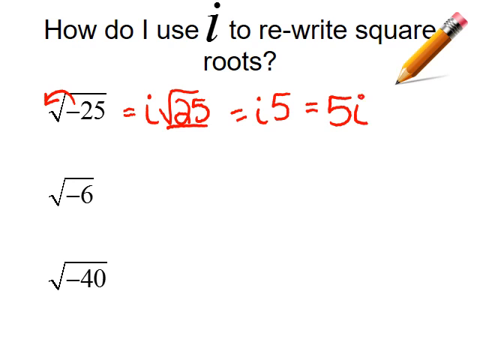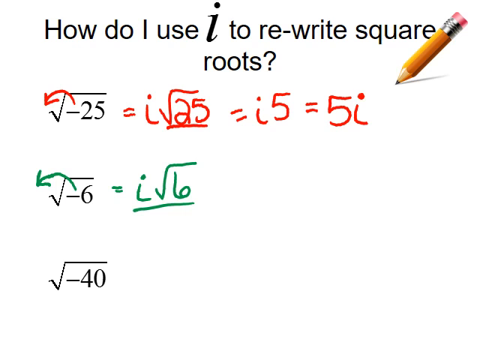So we would actually say 5i. Let's take a look at square root of negative 6. With square root of negative 6, I'm going to take that negative out. It becomes i. I'm left with square root of 6. In this case, square root of 6 does not simplify. So that's my answer.